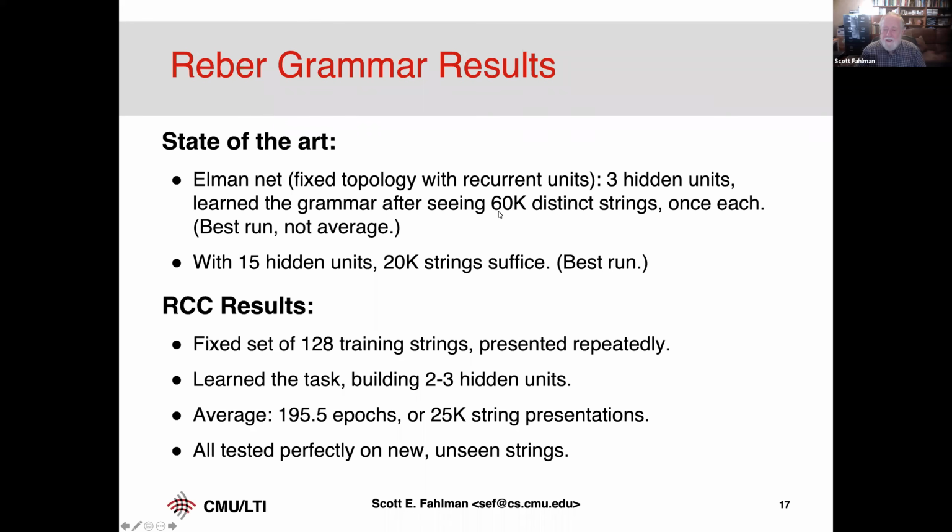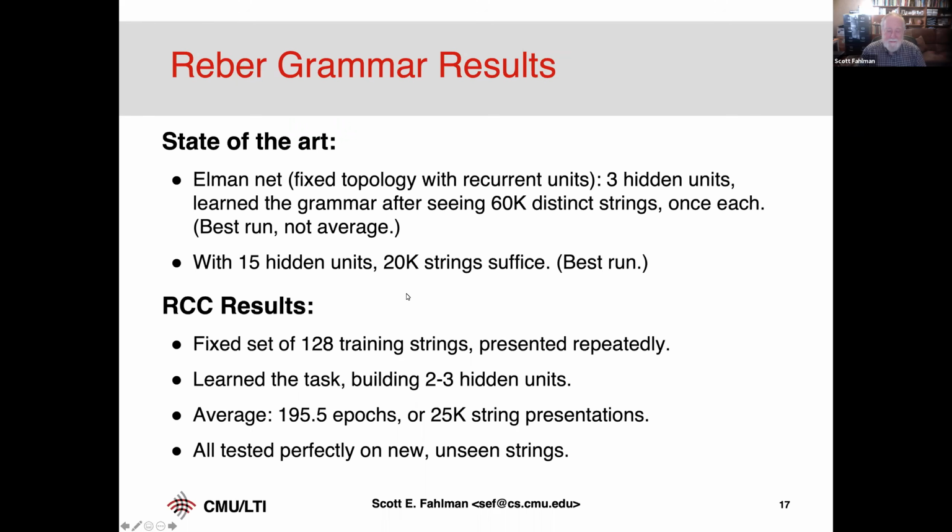You could use a bigger network with 15 hidden units and then only had to show it 20,000 strings. Again, it got it right at least once, and it might have been millions of tries, we don't know.